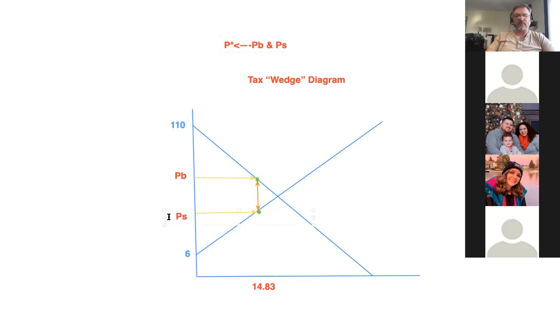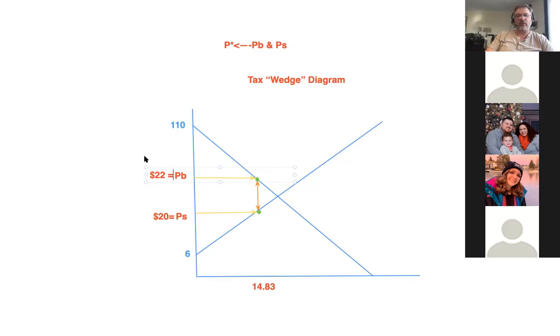Like if something is listed at, let's say, $20, then what the buyer, what I'm actually going to pay, is about $22, right?